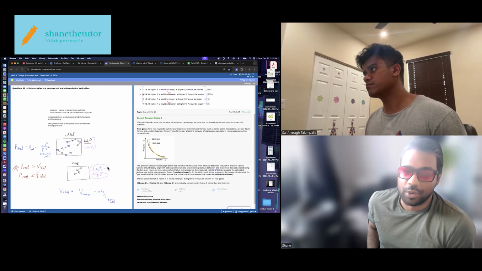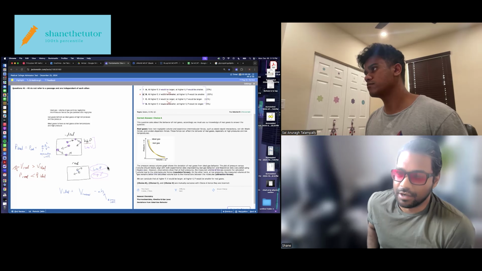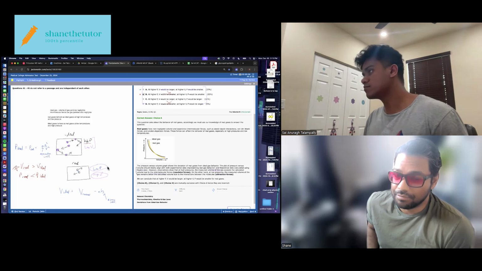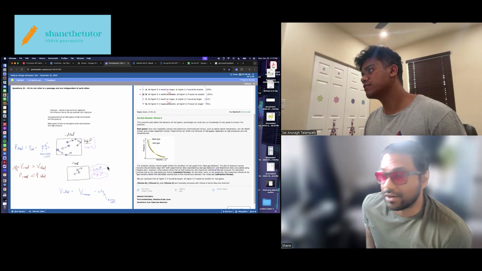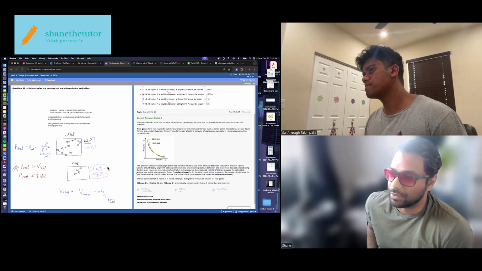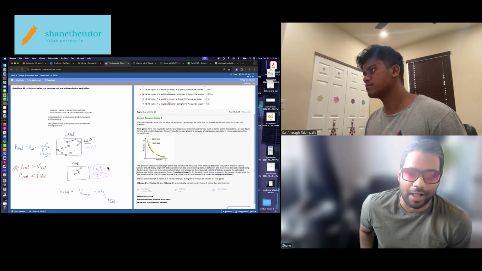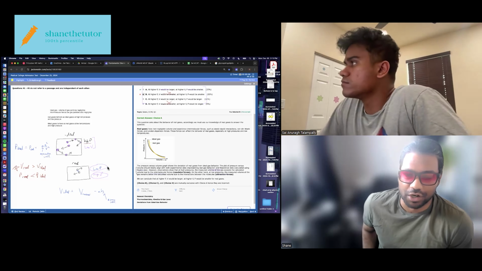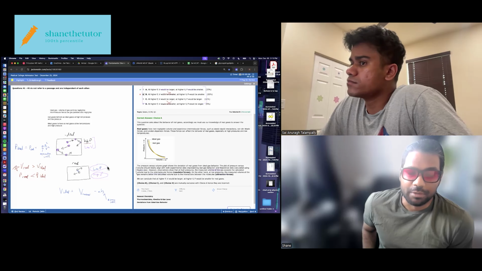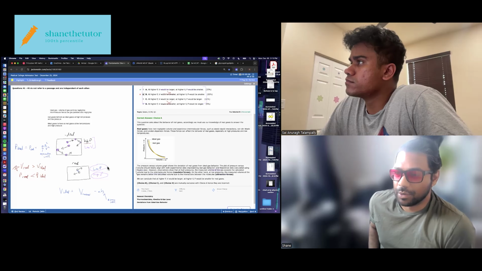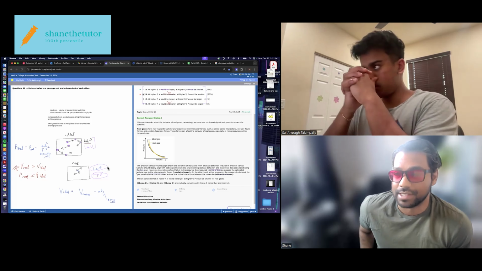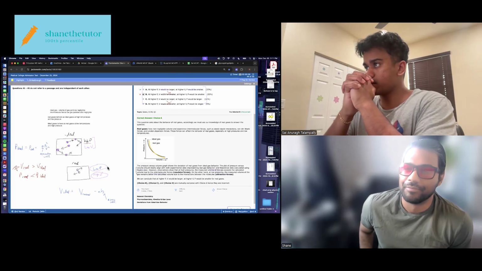But in a real gas, the particles can attract one another, and if they attract one another, they're going to basically stick together rather than hitting the walls of the container, right? And that means the pressure would be smaller in a real gas because the molecules attract one another rather than always hitting the walls of the container.